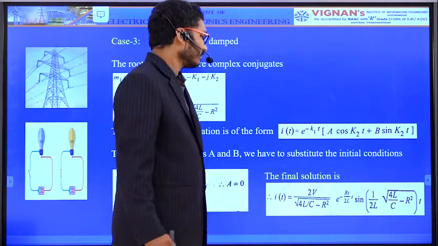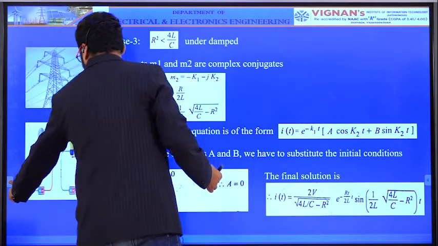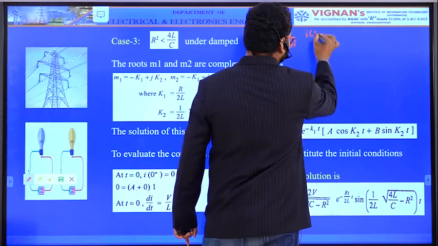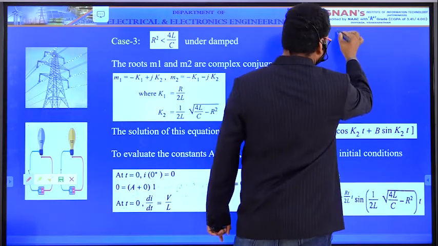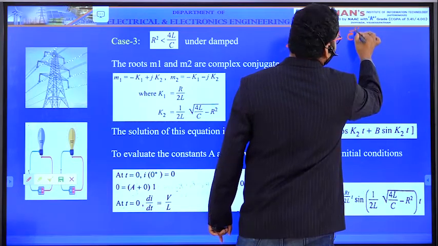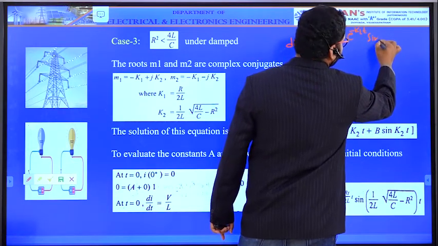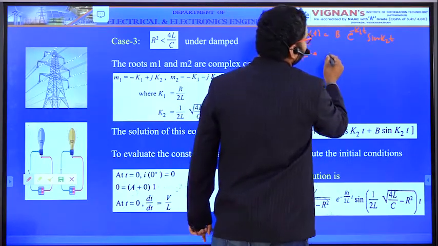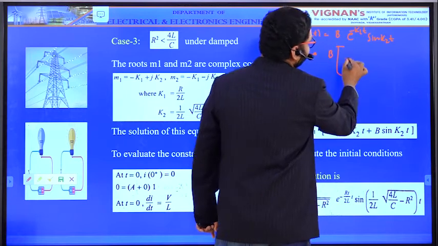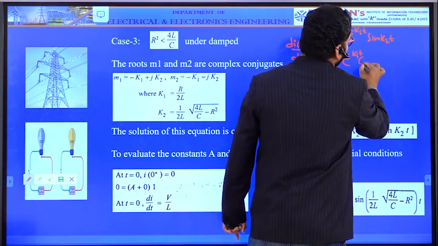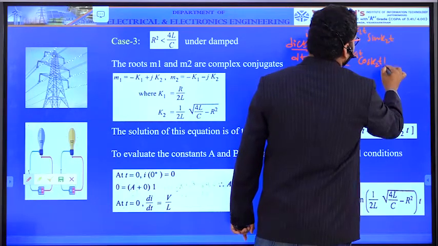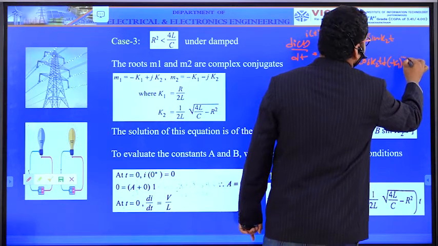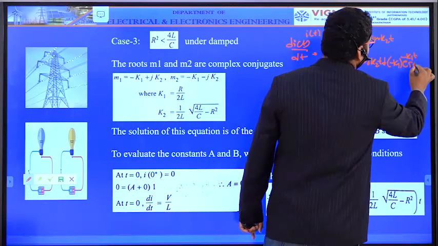So the final solution you will get like this. Just as I have explained, you see here, di of t by dt equals b into e to the power of minus k1t sin k2t differentiated. Taking b common: e to the power of minus k1t cos k2t plus minus k1 e to the power of minus k1t sin k2t.